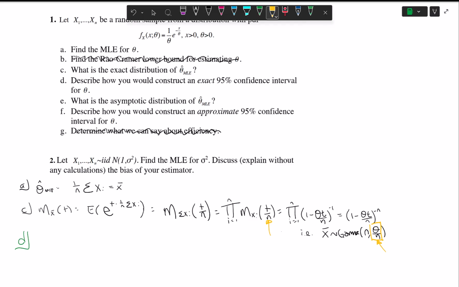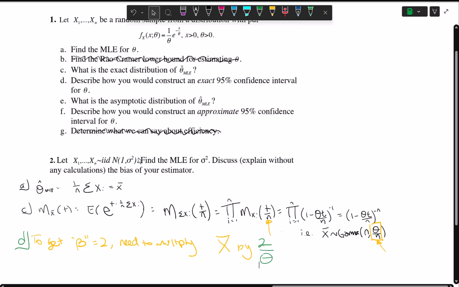If I didn't have the over n, then I wouldn't have the over n problem. So in other words, we need to multiply what we had before, which was X bar, by 2 over theta.